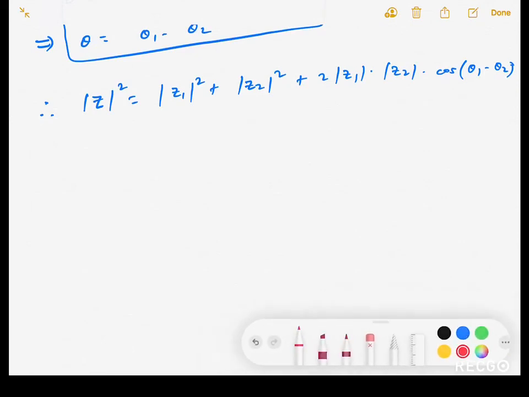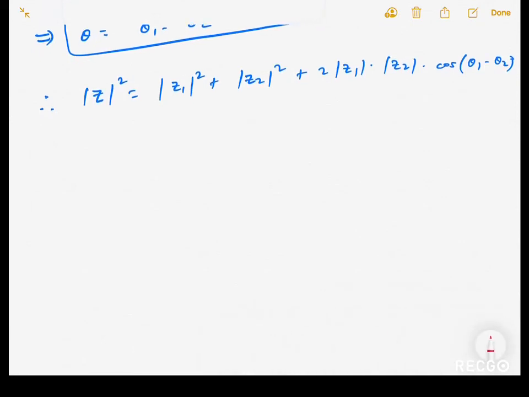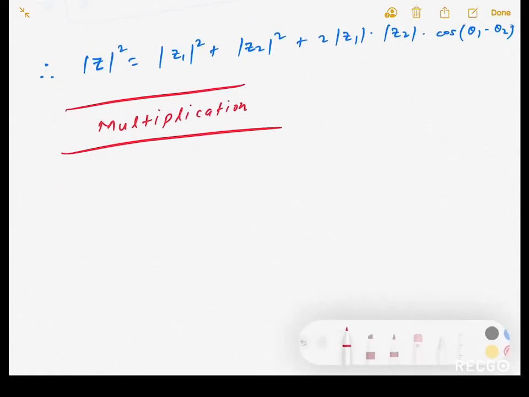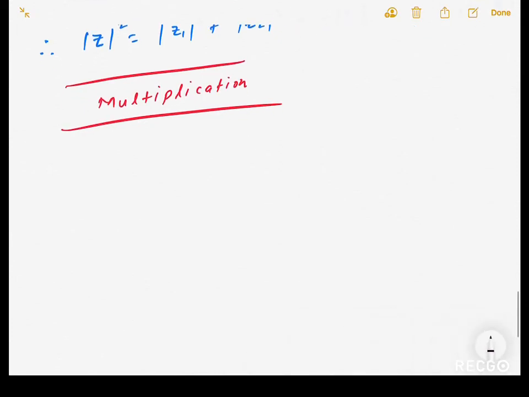In the next video I'll be teaching you the multiplication of complex numbers, meaning multiplication by any real number and multiplication of two different complex numbers. Suppose there is a complex number z1, and it is multiplied by some real number k. How can we represent them? How can we relate the complex number z1 and k times z1 in the complex plane?